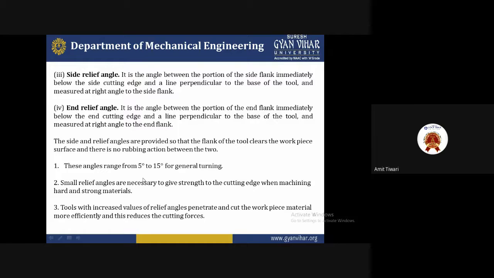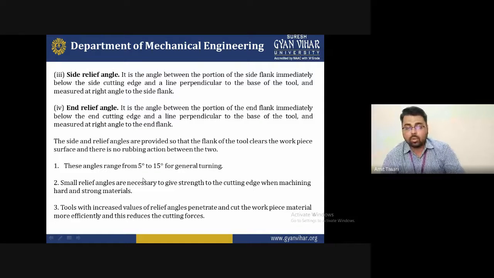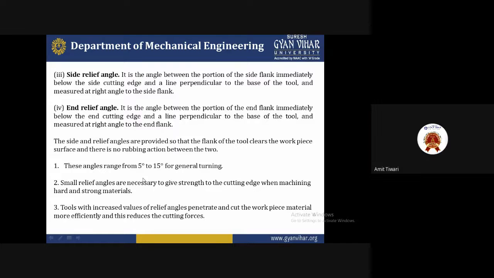The stronger the workpiece material, the more difficult it is to cut with the tool, but the stronger the tool material, the easier it is to cut the workpiece.